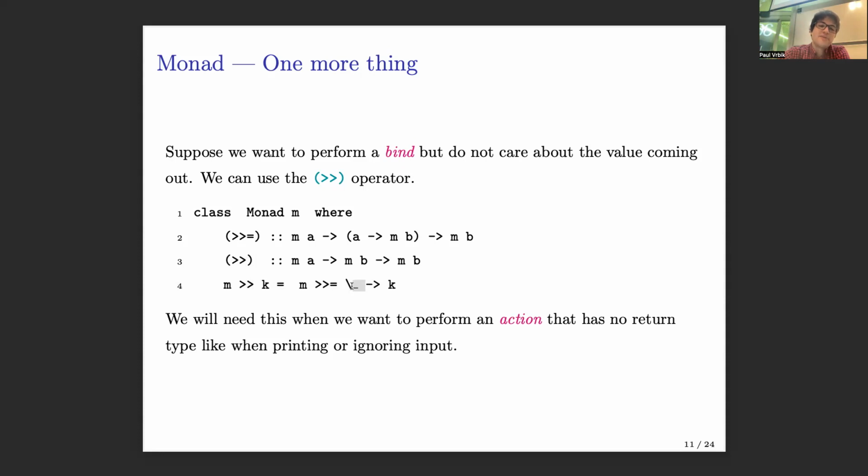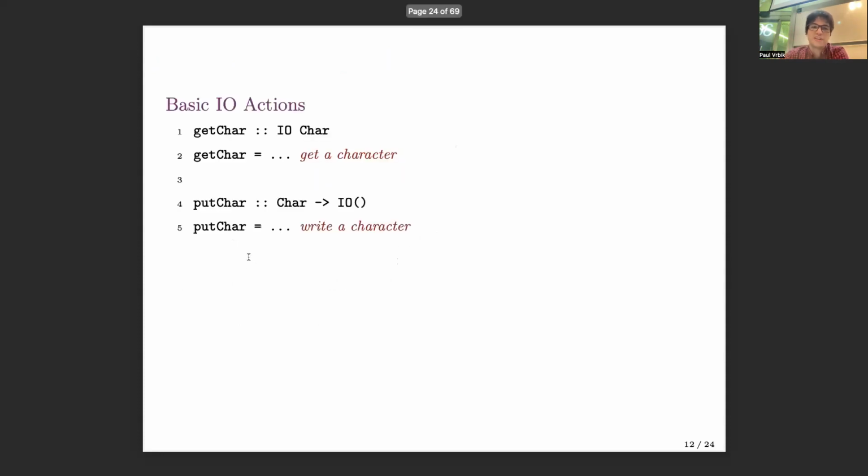Where we don't actually care to have a variable here. We just want to perform some action k, and this becomes relevant because we want to do things like print, right? And print doesn't have a return type, so that's when that monadic action is going to be relevant, right, for when we're printing. But it's just a little bit more syntactic sugar. I'll show you what it means in the do notation.